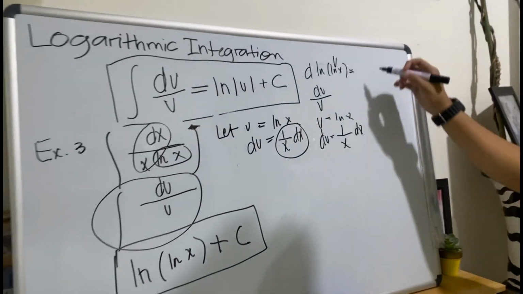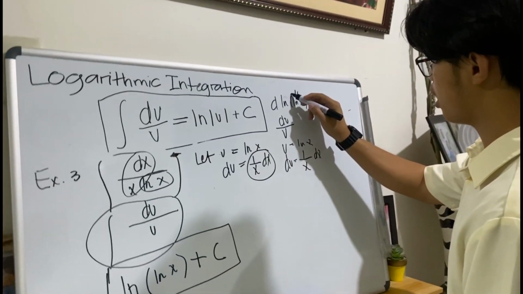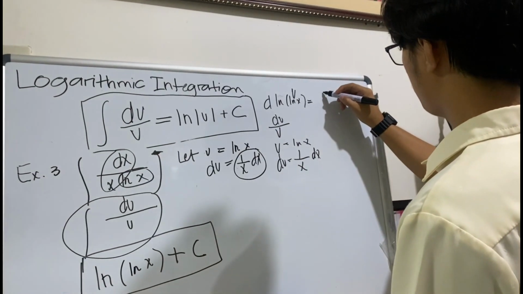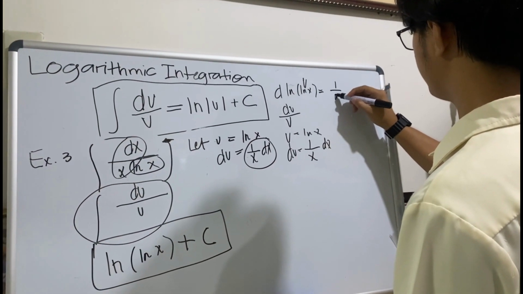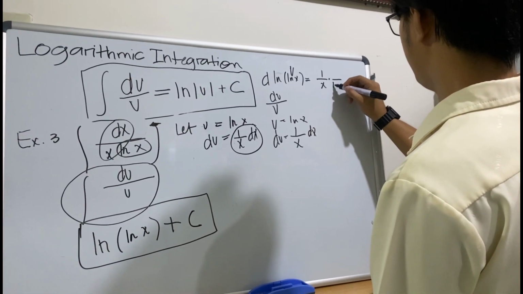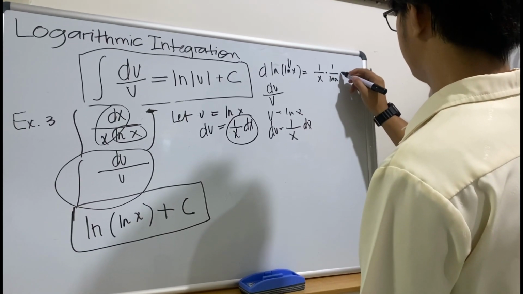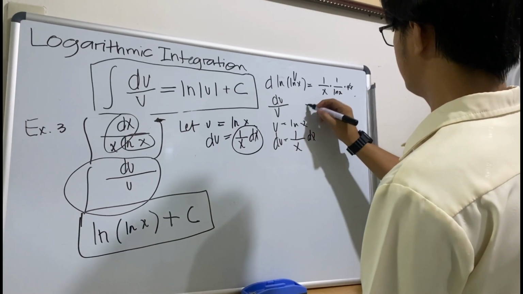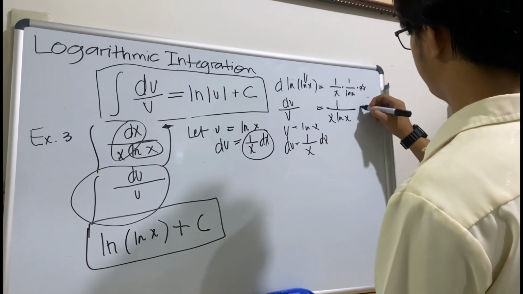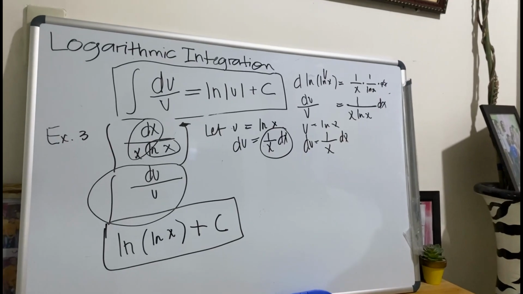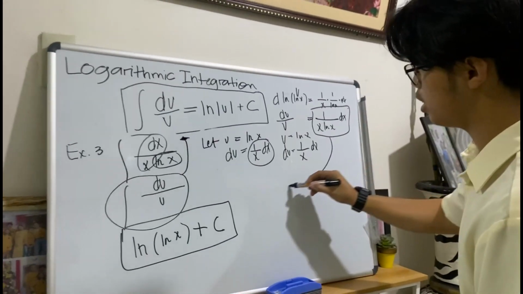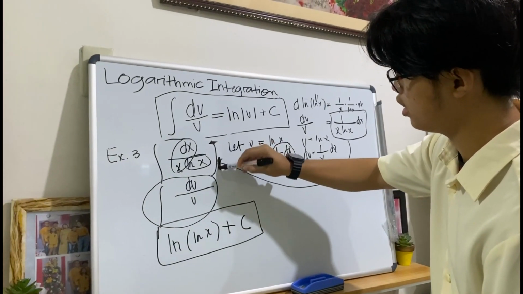Just copy the value of u here. So we have 1 over x times 1 over ln x times dx. So we have our derivative. This is just the same as our integrand here.